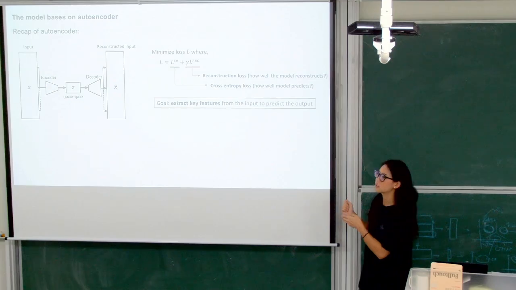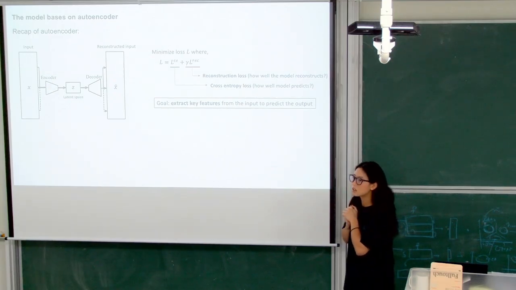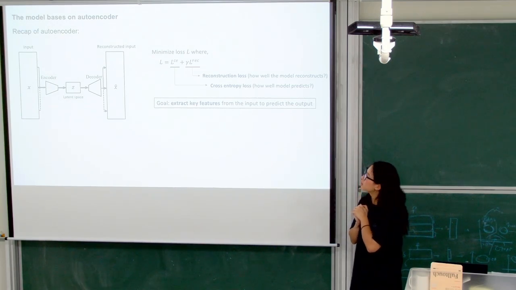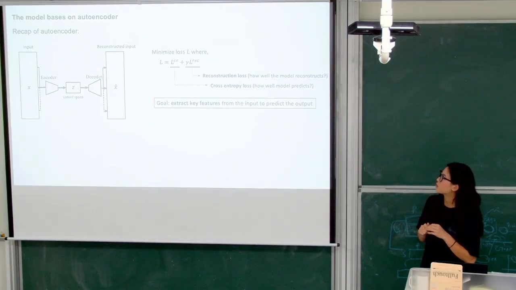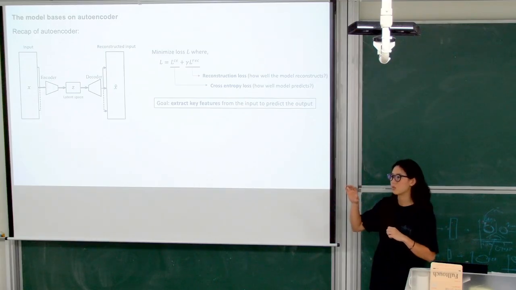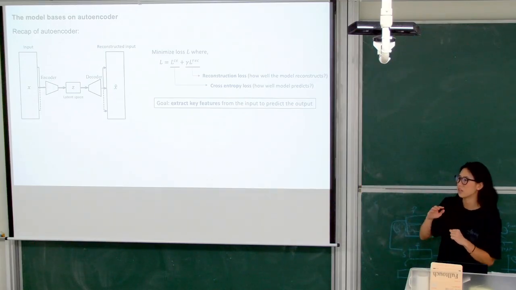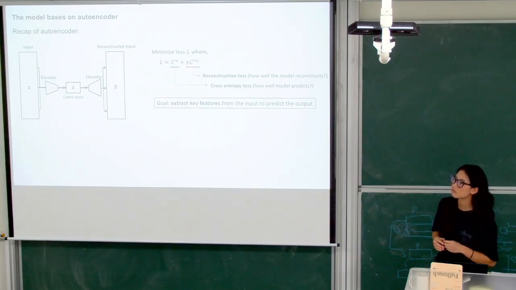Yes. So what is the predict then? Predict is basically we compare X and X hat, how similar they are. That's what we call the reconstruction loss. What about the cross-entropy? I thought it was the latent space, like the low dimensional space will be able to predict the output. What is the difference between that and the reconstructed ones?